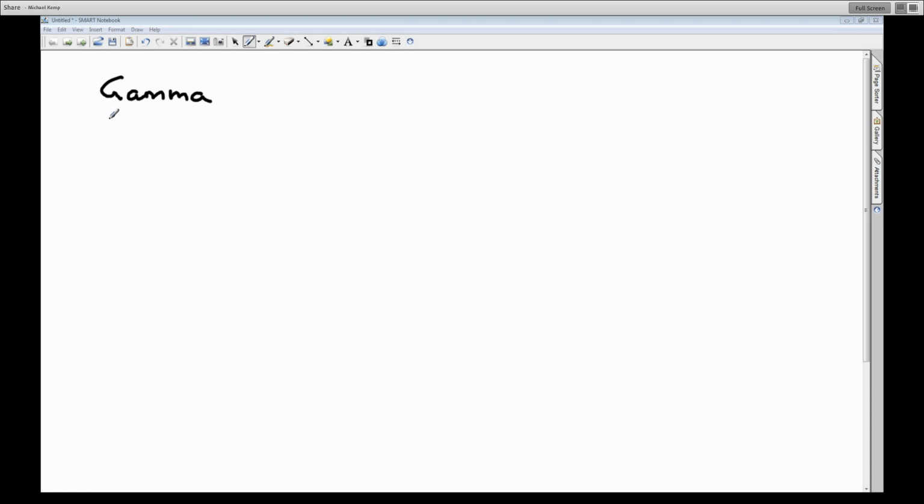So one of the ones is the gamma function. So gamma x. Now it's good just to show where it comes from.